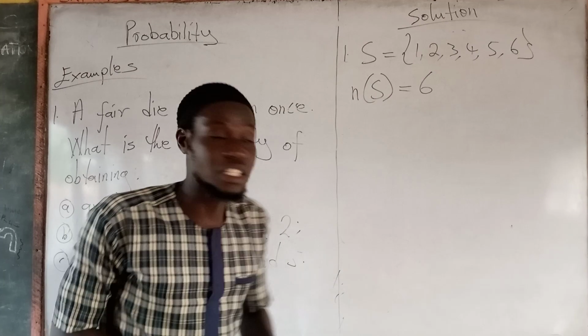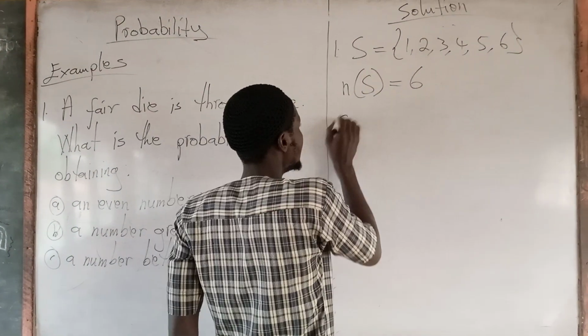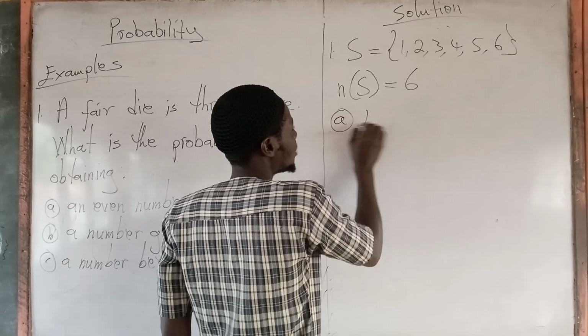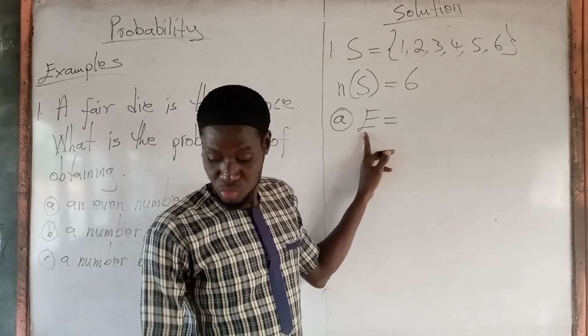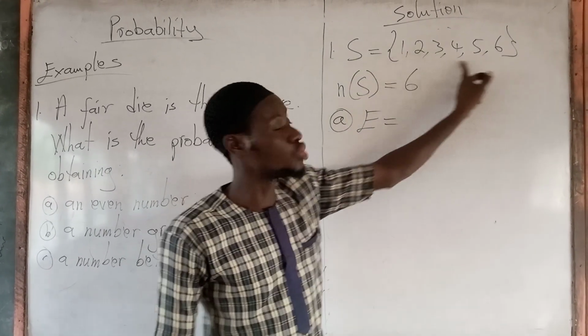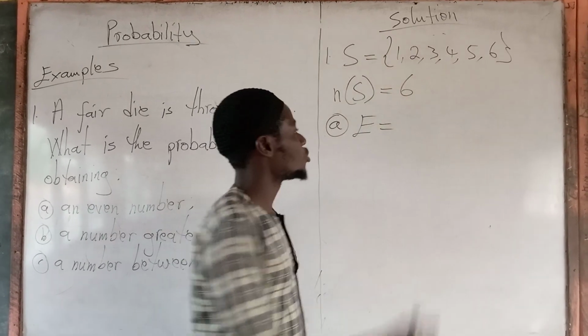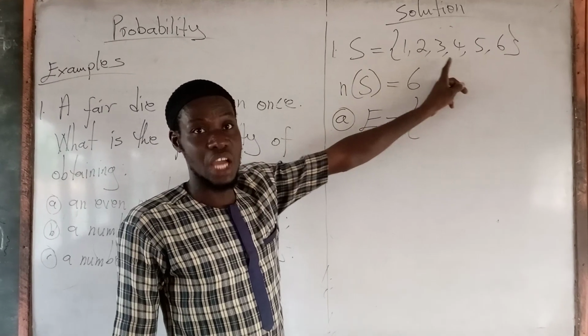Having found that, you then come and find even numbers. So for A, you find the set of even numbers. Let's represent the set of even numbers with capital E. You look through the sample space to take out the even numbers.